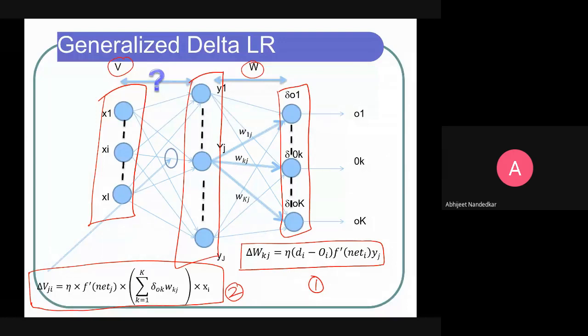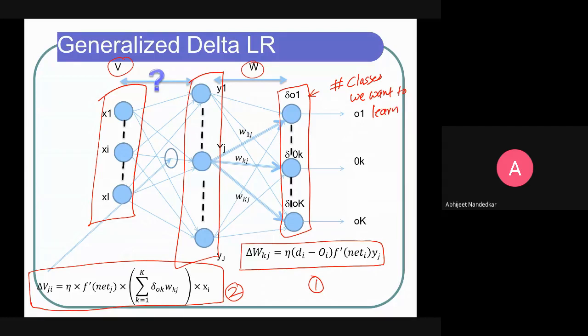There is a fixed rule which tells you how to find the number of nodes on the output side. The output side nodes depend on the number of classes we want to learn.